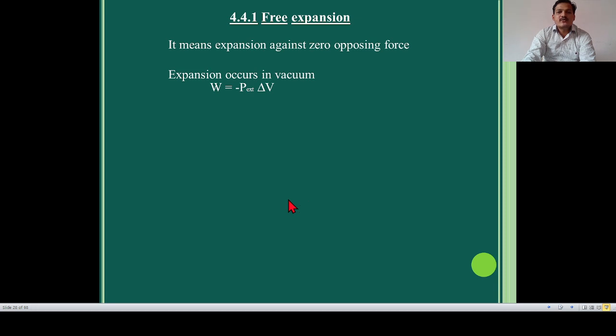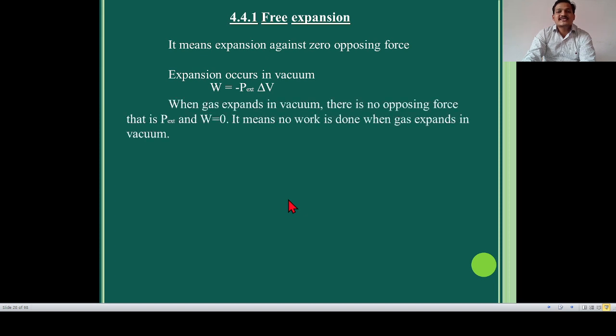That is, in a vacuum, no work is done. The original equation is W is equal to minus Pex into delta V. When gas expands in a vacuum, there is no opposing force, so Pex is 0 and W is equal to 0. It means no work is done when gas expands in a vacuum.